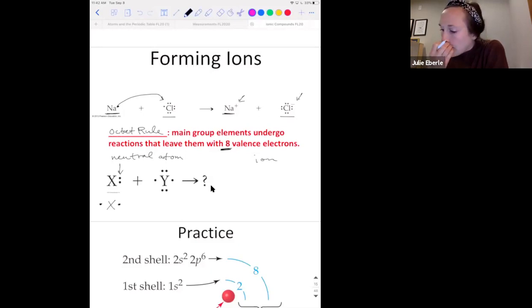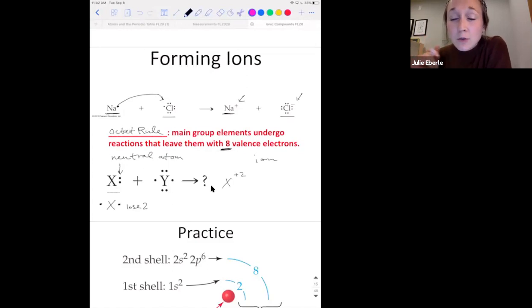Okay, what you should have is that X, if it's going to end up with 8 in its underneath shell, it's going to give away both of those valence electrons, so that underneath it has 8. If it gives away 2 electrons, it's going to lose both of those, and we're going to have a +2 charge overall. Don't get lost on how many protons and electrons it now has.